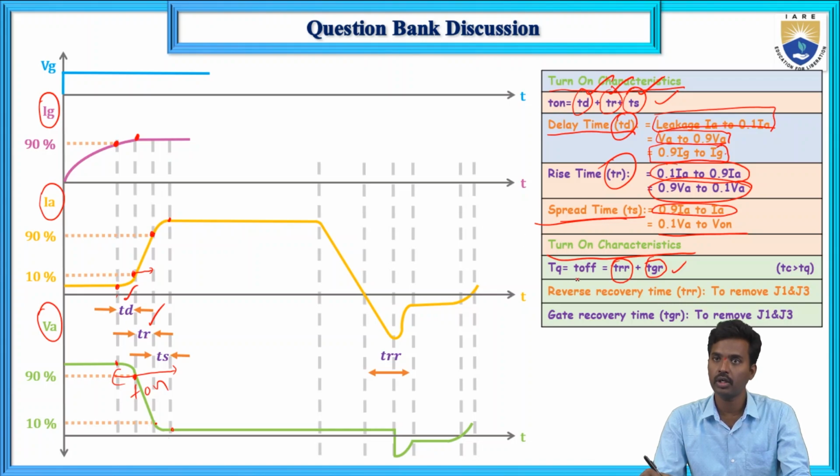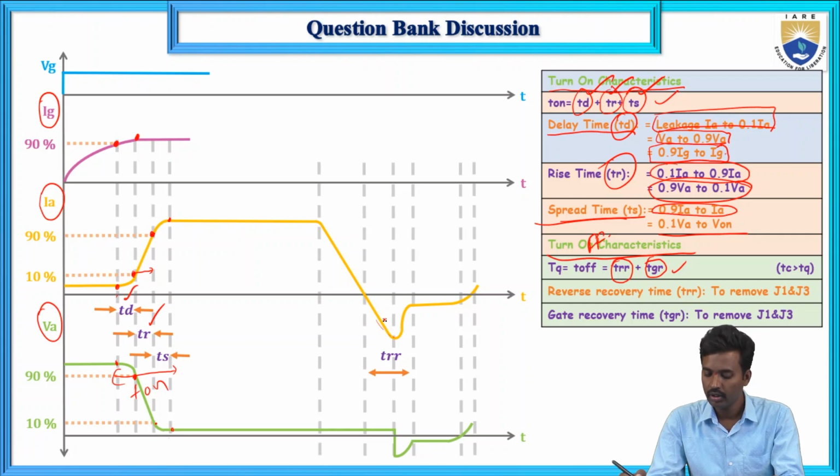Next, what about the turn off characteristics? Turn off means when you apply reverse potential, the thyristor will not turn off immediately. The current decreases linearly like this, reaches 0, and then becomes negative, and this is the maximum value.